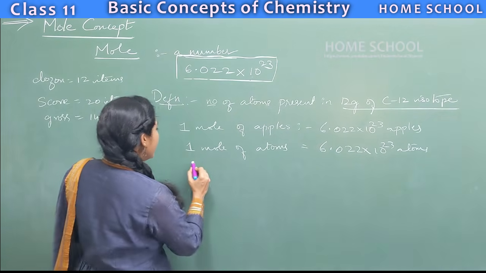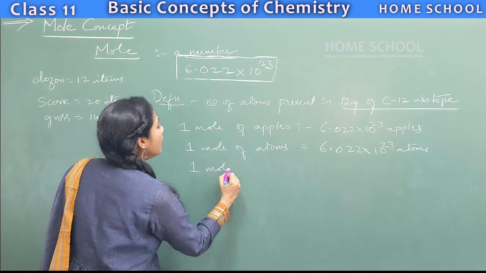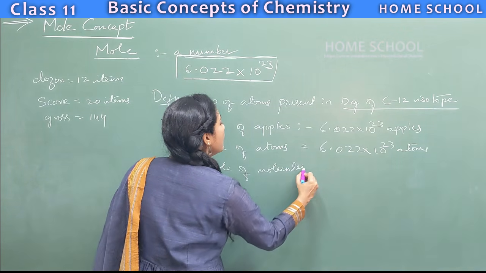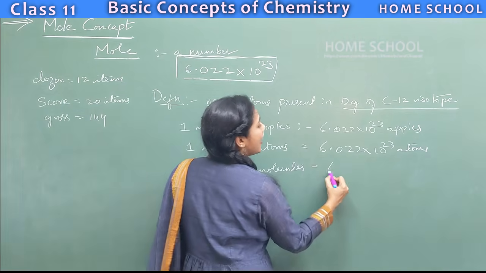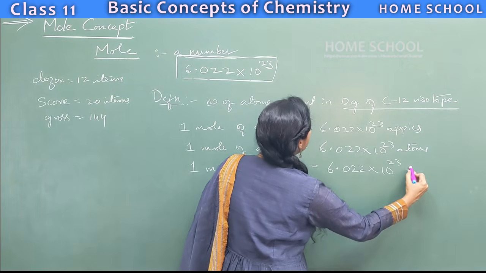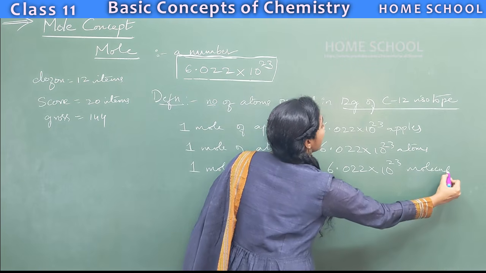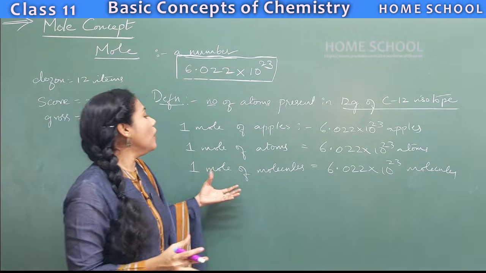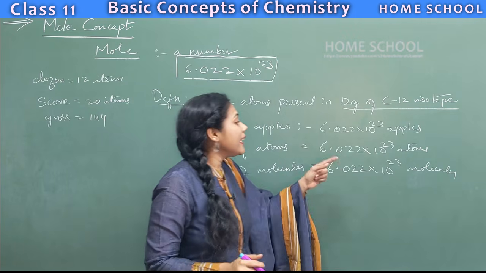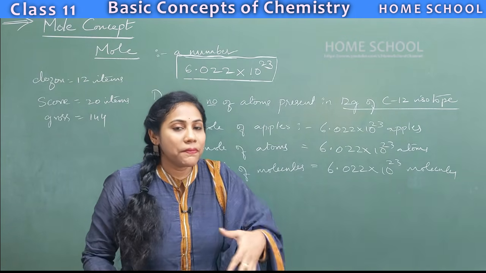So similarly, whenever I say 1 mole of molecules, it means 6.022 × 10^23 molecules. Clear? So 1 mole of particles means 6.022 × 10^23 particles.